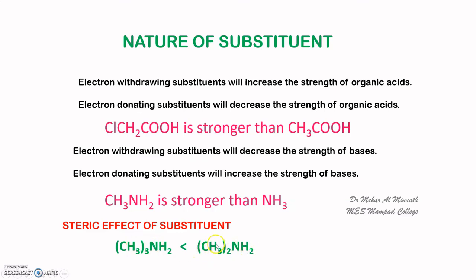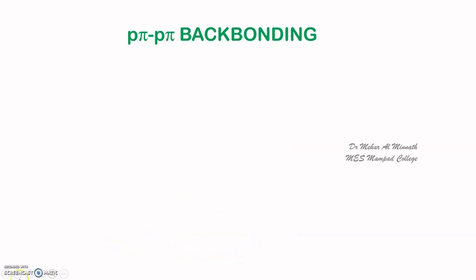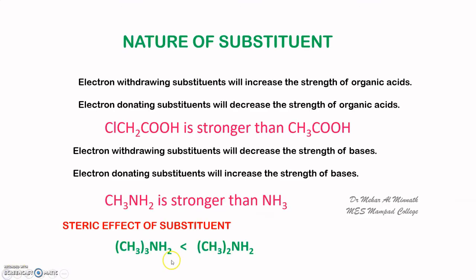So the strength of the amino group will be increased, since here you can see there are three methyl groups. So actually we expect trimethylamine to be stronger than dimethylamine. But the basicity of trimethylamine is found to be less than the basicity of dimethylamine.